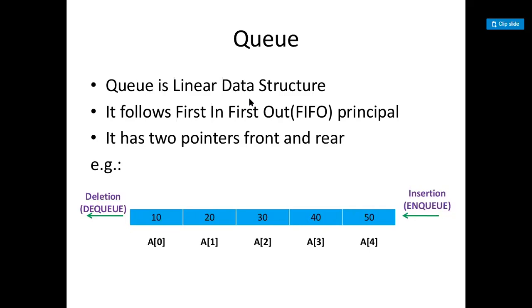First in, first out. Okay. Normal token system, normal queue system. In day-to-day life, everyone knows what is queue. The same concept, queue data structure. That is first come, first serve, first in, first out. The technical term we will call it as FIFO.